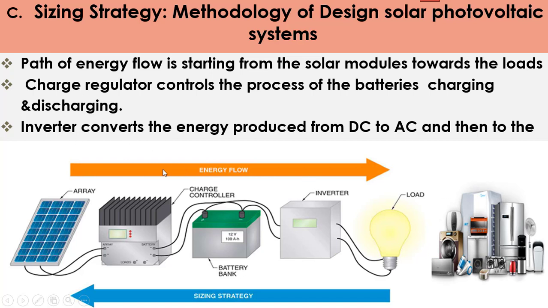This represents the energy flow: the energy generated from the solar array goes via the charge controller, then into the battery bank, and is converted from DC to AC by the inverter, and then used for operation of the appliances or the load in the home.